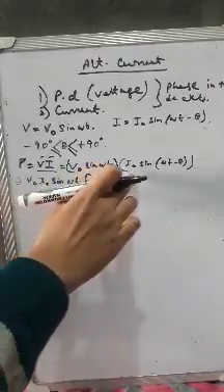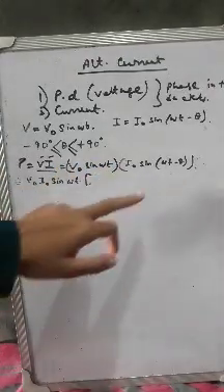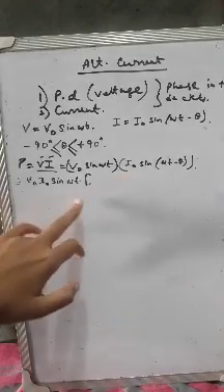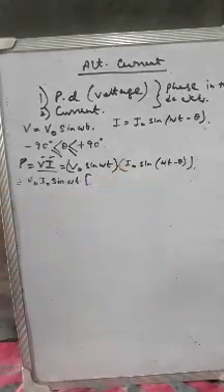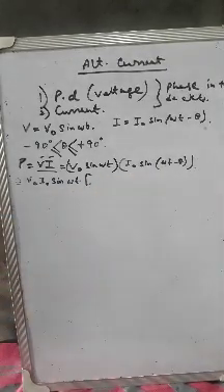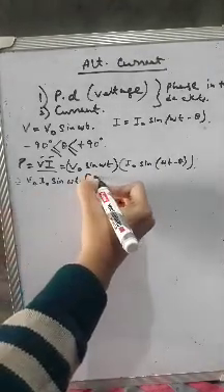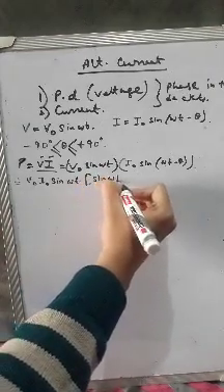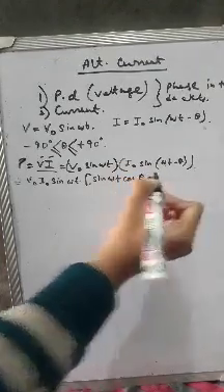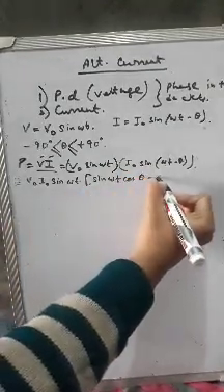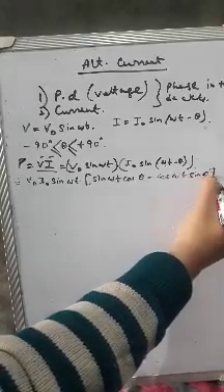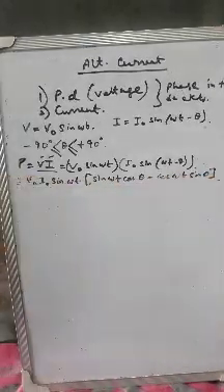I'm taking V naught I naught out because it is a constant, and sine omega t is a common term between these two. Within your bracket you will be left with sine omega t cos theta minus cos omega t sine theta. This is purely a mathematical step.